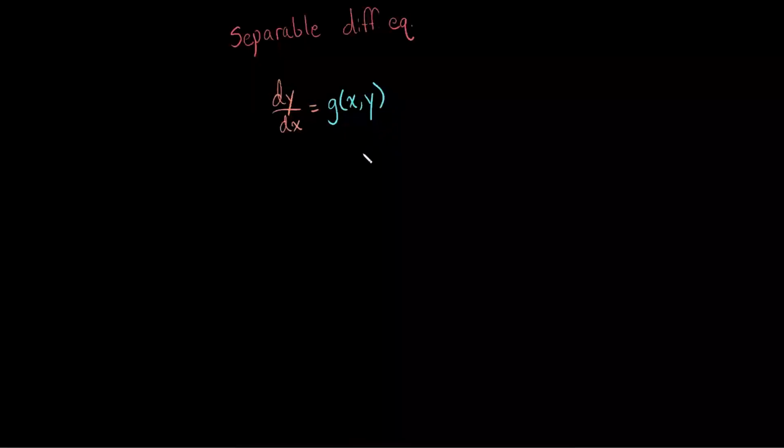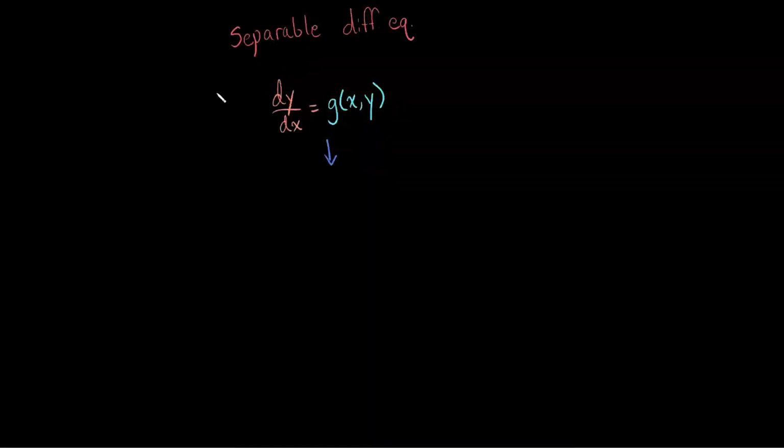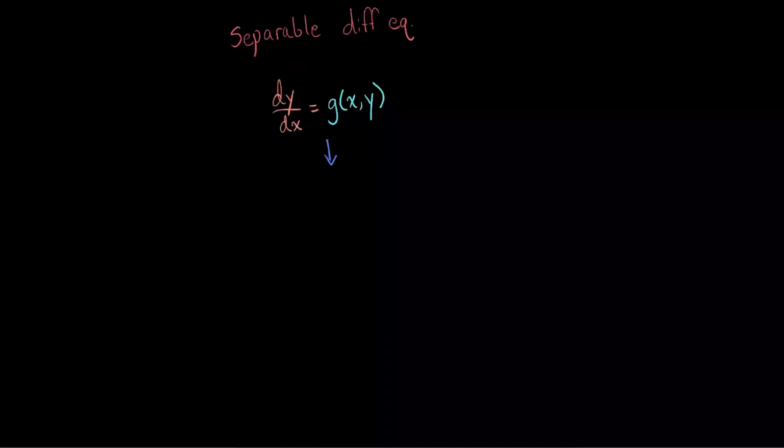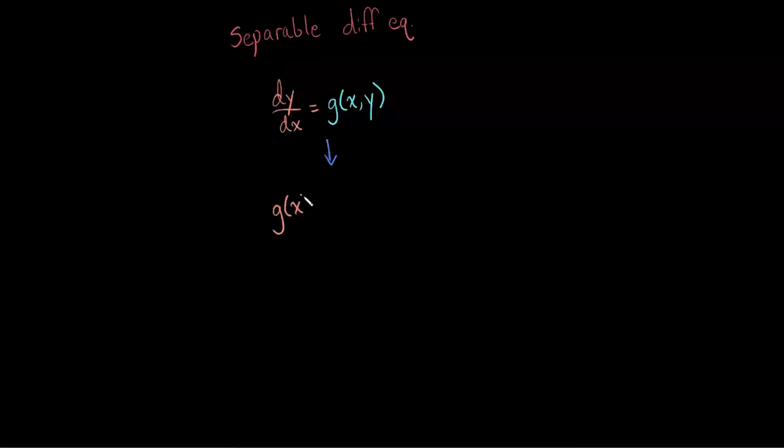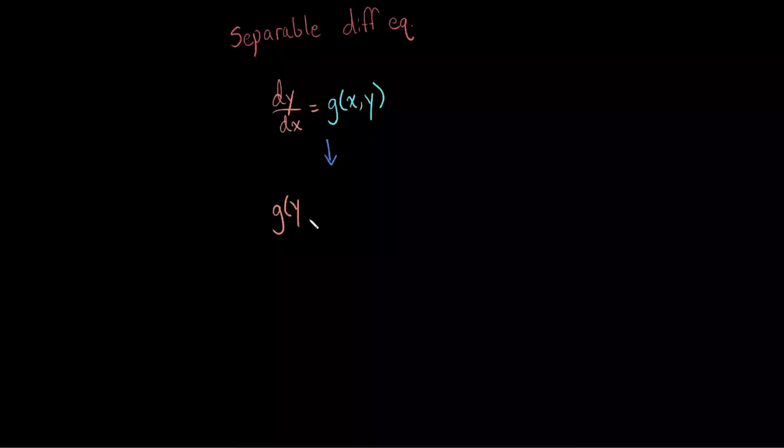And we want to take this differential equation and we want to separate it into a function of y dy is equal to some other function h of x dx.